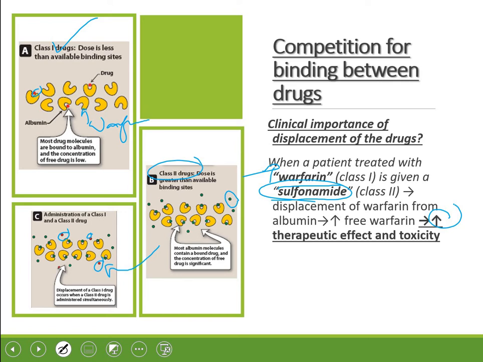So this is a technical point to understand: in drug disposition and distribution, there is possible drug interaction at the site of plasma protein binding, when a second drug is added and has much more affinity for the plasma protein binding, and it can displace the previously bound drug, and the toxicity of the previously bound drug may appear.